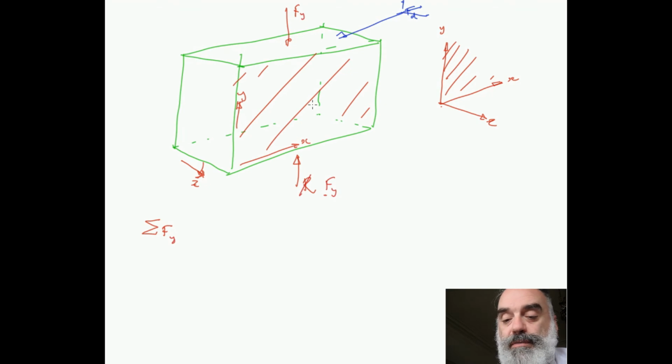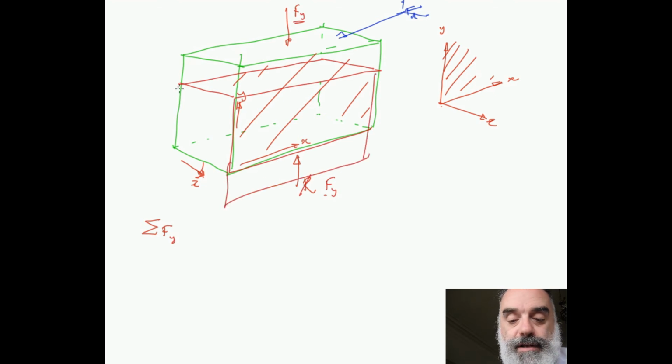If the ones coming down are greater than the ones going up, then our structure is going to want to somehow deflect in the direction of the force, so it will accelerate downwards until such time as another force comes up to balance that.